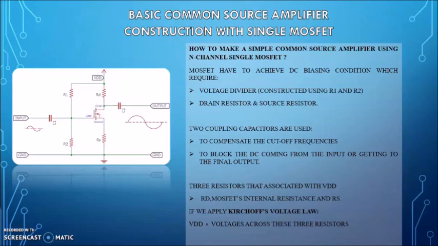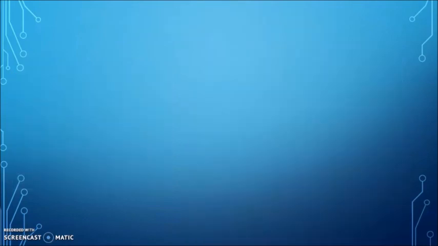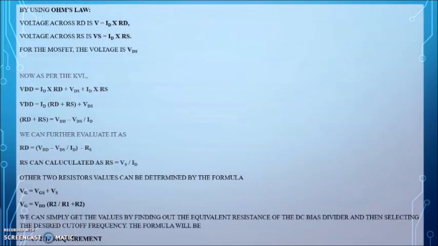If we apply Kirchhoff's voltage law, VDD equals the voltages across these three resistors. By using Ohm's law, the voltage across RD is ID multiplied by RD, and the voltage across RS is VS equals ID multiplied by RS. For the MOSFET, the voltage is VDS.